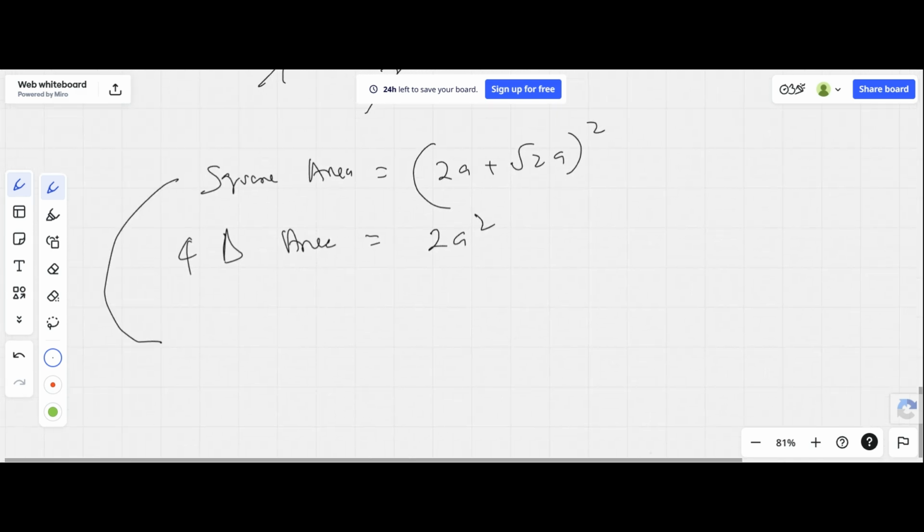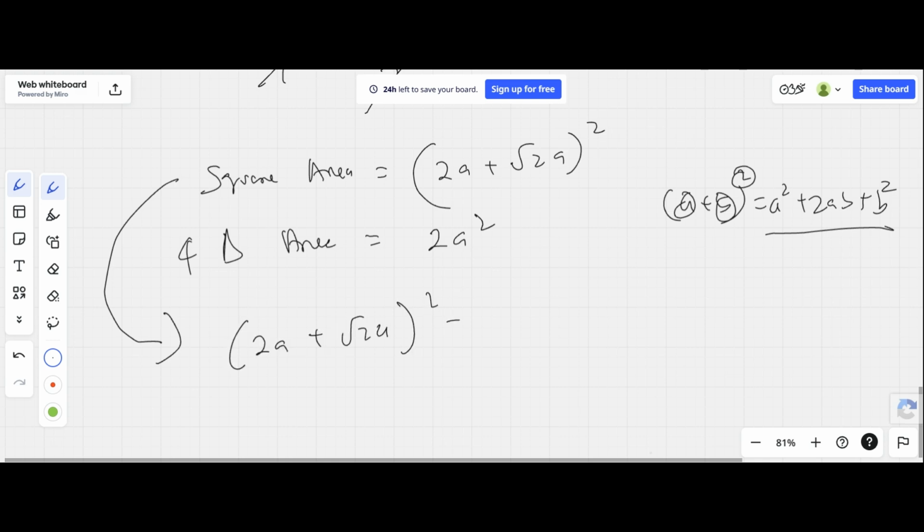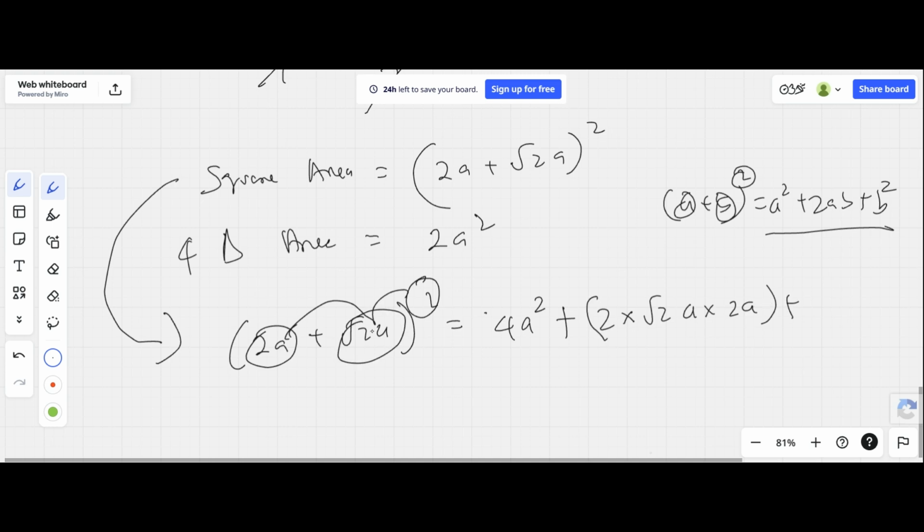We'll take this square area and expand it. How to expand this? If it is a plus b whole thing squared, how do we write it? a squared plus 2ab plus b squared. This is how we expand. Same thing: 2a plus root 2a, squared. This one squared, 2a squared, means 2 squared is 4, so 4a squared, plus 2 into root 2a into 2a, plus this one squared.